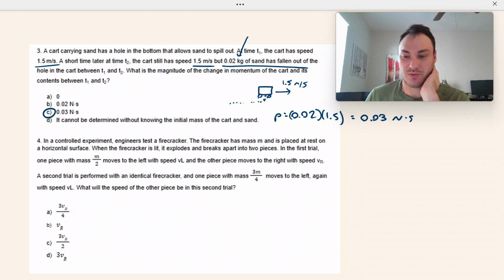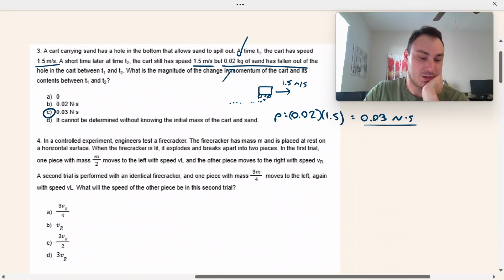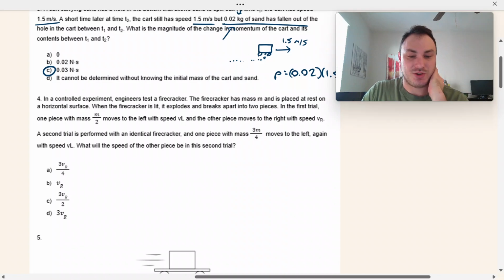Momentum is just mass times velocity. We're just looking for the change in mass times velocity, which is we lost that much mass, which means we lost that much momentum.